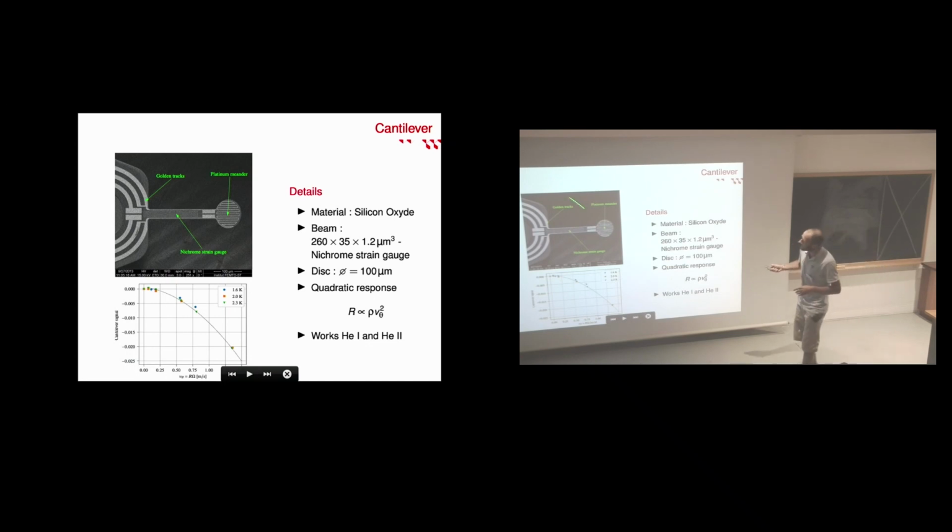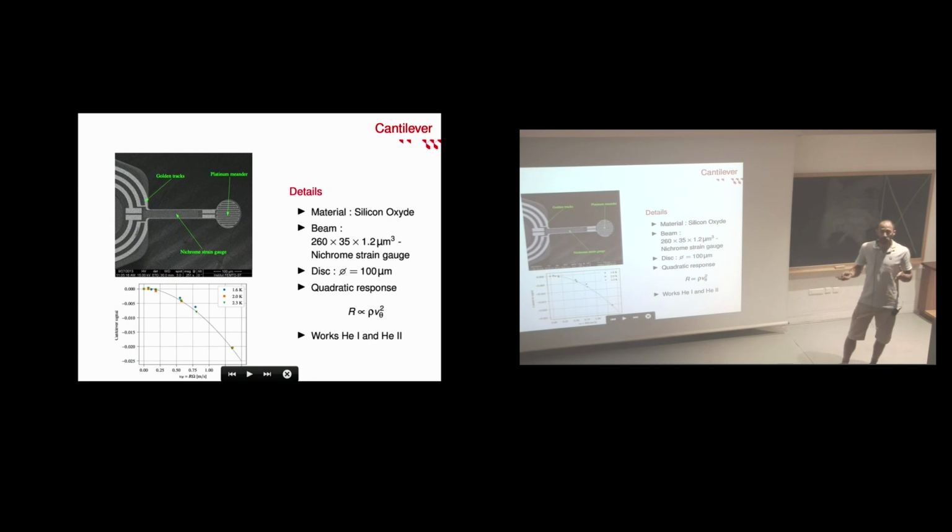And this disk will act as an obstacle in front of the flow. You have a drag that pushes the disk and bends the beam, and we are going to measure the bending of the beam using strain gauges, classical nichrome strain gauges that are put onto the beam here, micro-machined onto the beam.